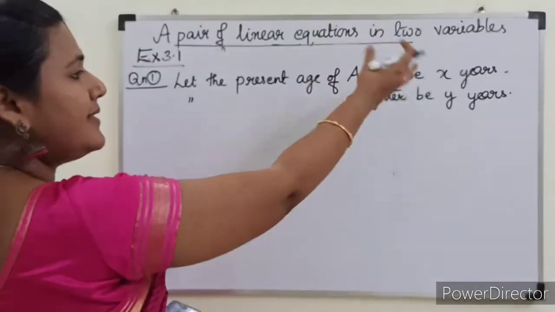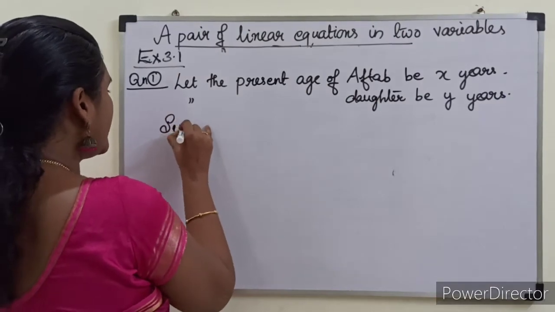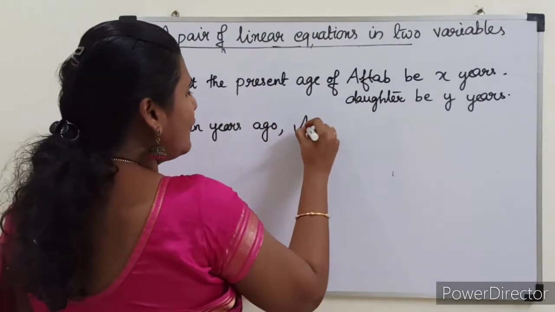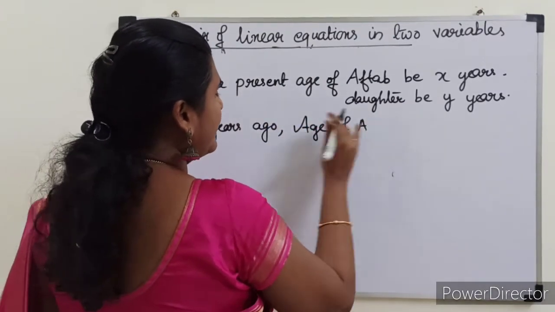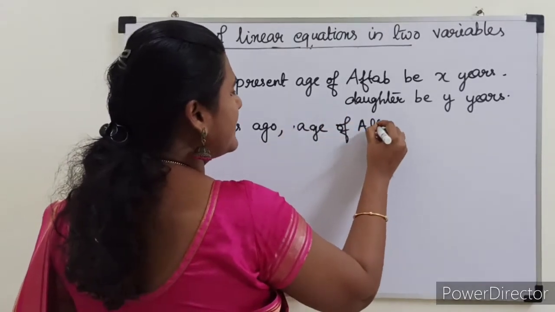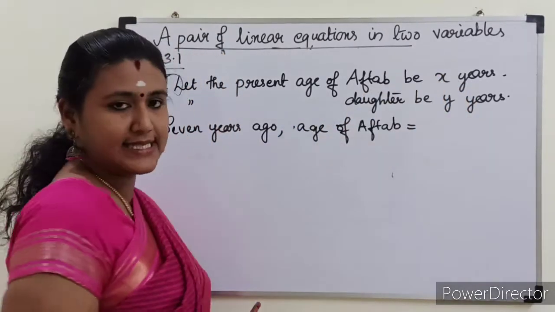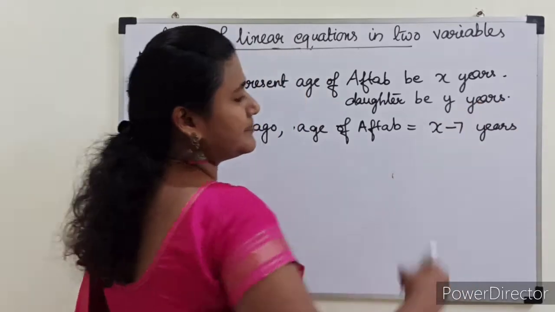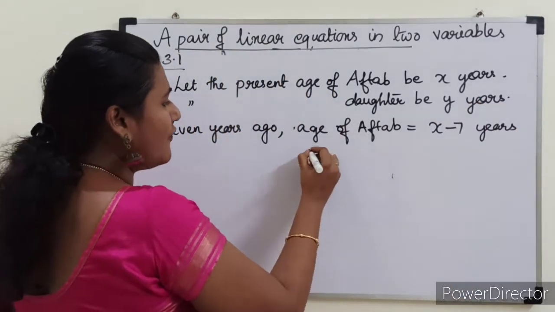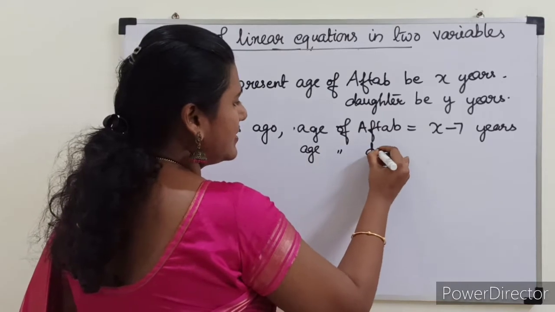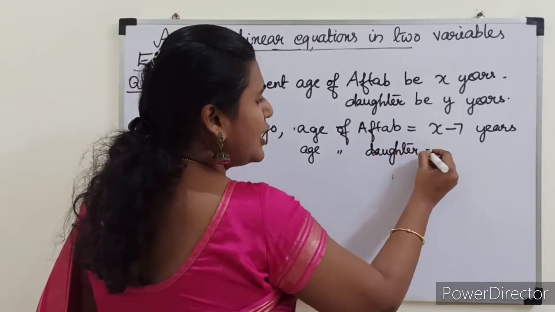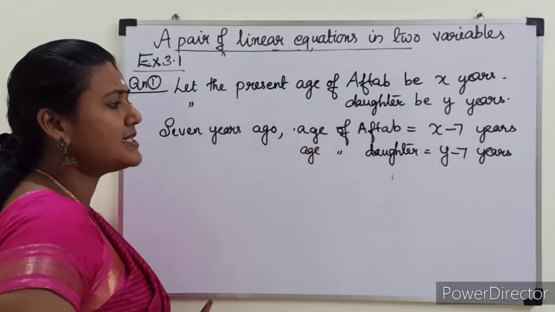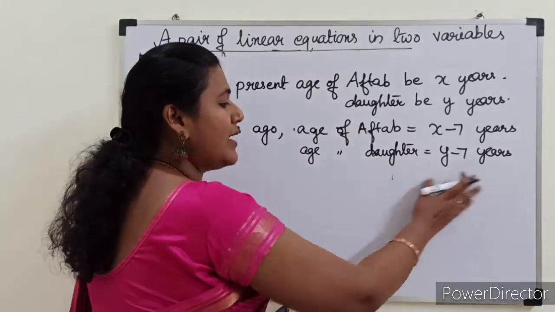So 7 years ago, the age of Aftab will be x minus 7 years. The same way, 7 years ago, the age of his daughter will be y minus 7, because her present age is y years.